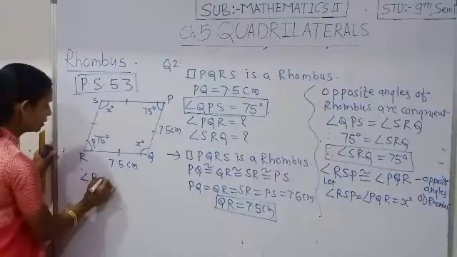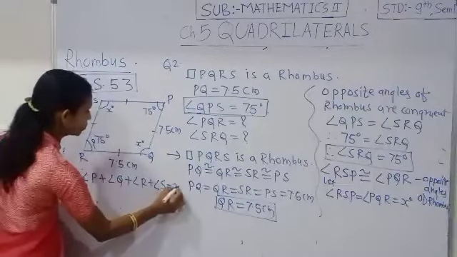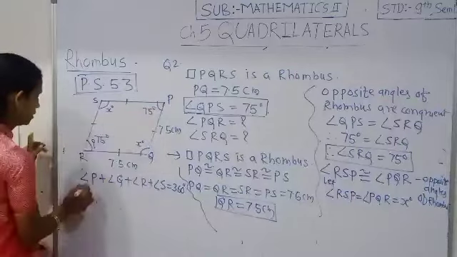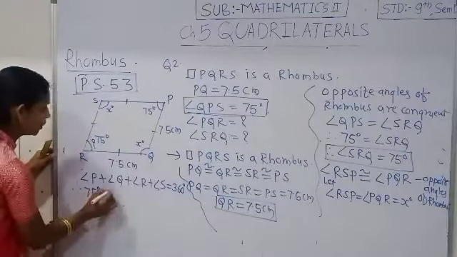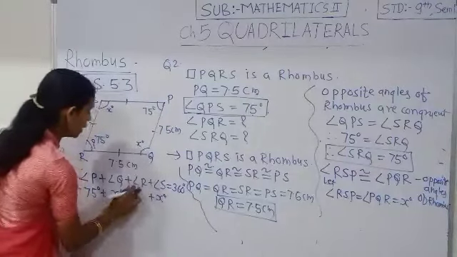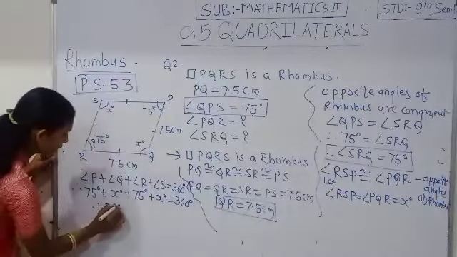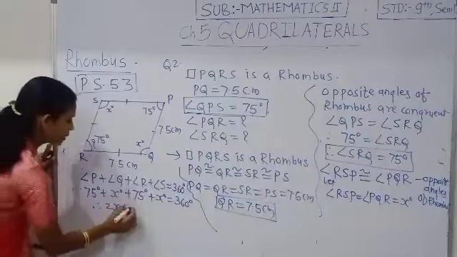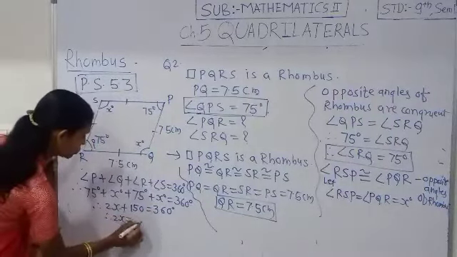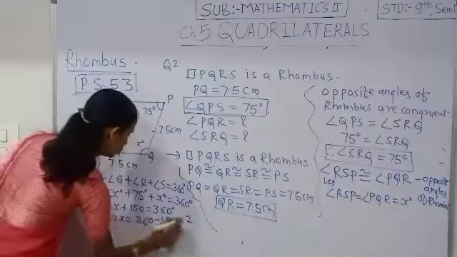That means angle P plus angle Q plus angle R plus angle S equals 360 degrees. Therefore, angle P, which is 75 degrees, plus angle Q, which is x degrees, angle S also x degrees, and angle R 75 degrees, equals 360 degrees. Therefore, 2x plus 75 plus 75, that is 150, equals 360 degrees. Therefore, 2x equals 360 minus 150, that is 210.